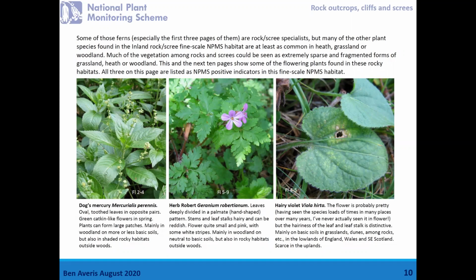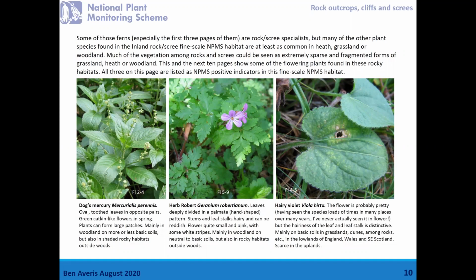Almost none of them are really confined to rock habitats. The first two are mainly in woodland. They like shady places, and so where they occur in rock habitats, they tend to be in little recesses, places like the cracks in the limestone pavements. I'll have a photo of some limestone pavements a bit later on.